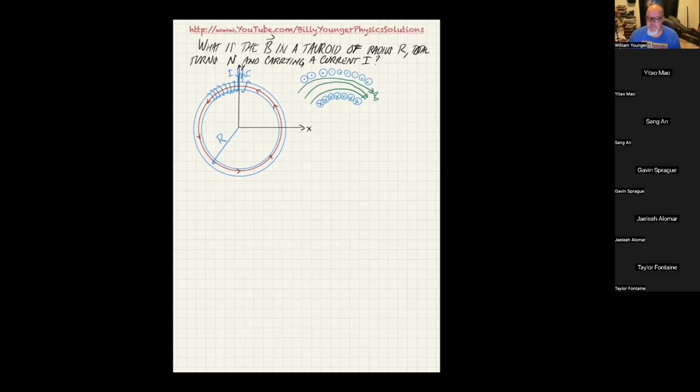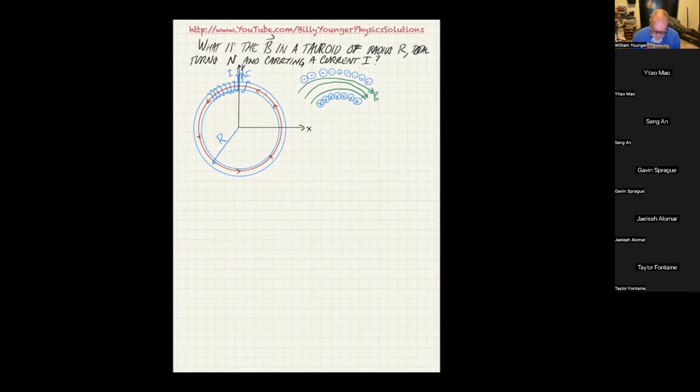So for instance, if you had a big toroid whose radius was let's say 10 centimeters, then I would want the distance from the inside wires to the outside wires to be no more than a centimeter, but preferably a little less. So that's what I mean when I said the big R. So anybody have any questions on what's going on here?